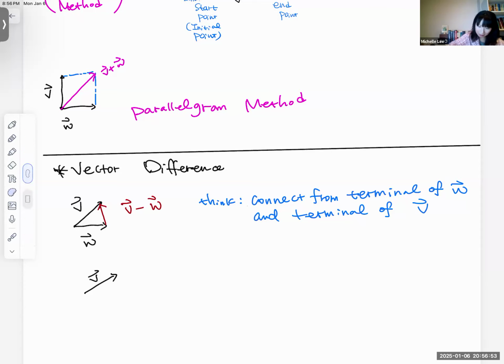Let me write down this one here. And then the opposite direction will be this way, negative w. Okay.